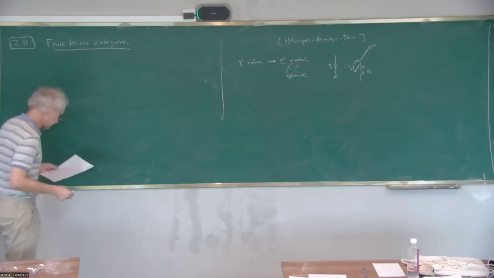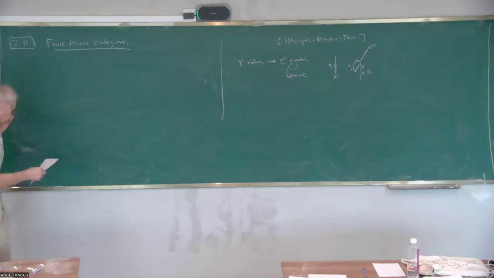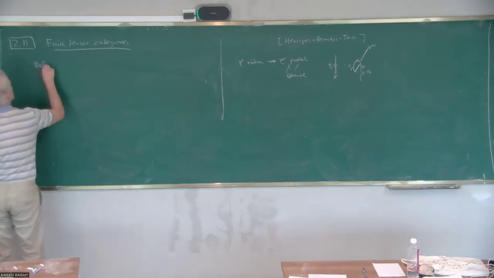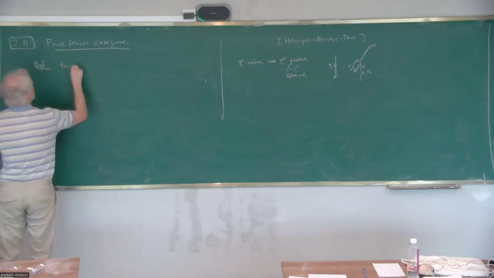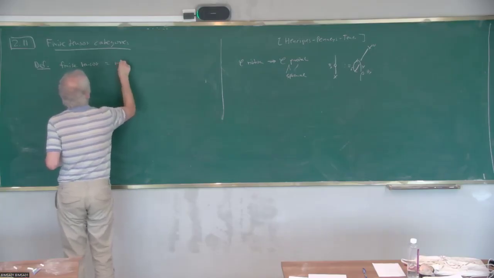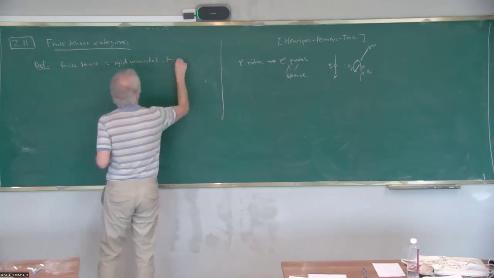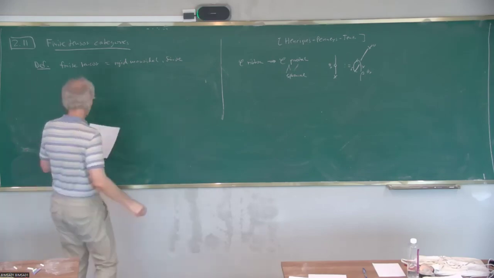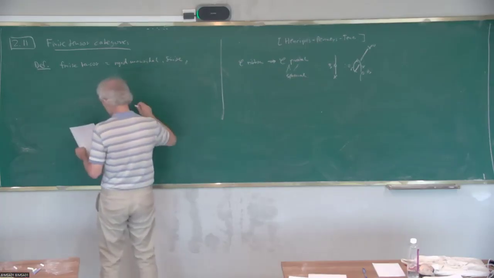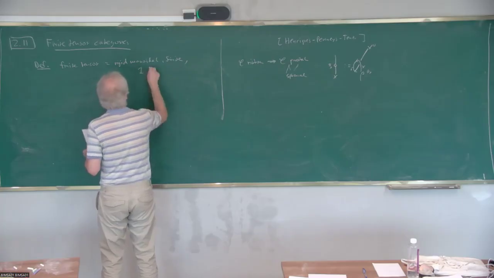So a finite tensor category is a rigid monoidal category which is finite. If you have this, this is called a finite multi-tensor category. If it's finite, and if the monoidal unit is simple.